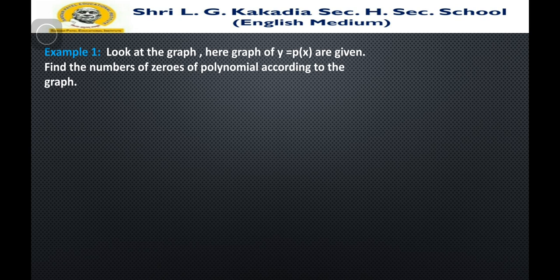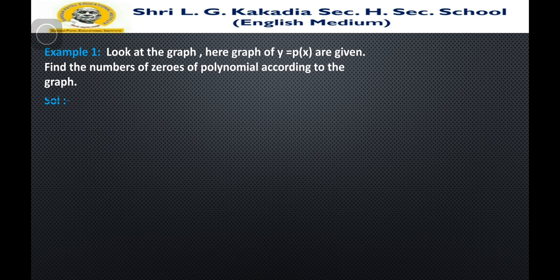Now let us understand the geometrical meaning of zeros of a polynomial by example number 1. Look at the graph. Here graphs of y = p(x) are given. Find the number of zeros of the polynomial according to the graph. We find the intersections of the graph with the x-axis, and that equals the number of zeros of the given polynomial.